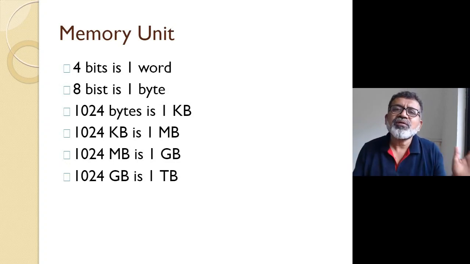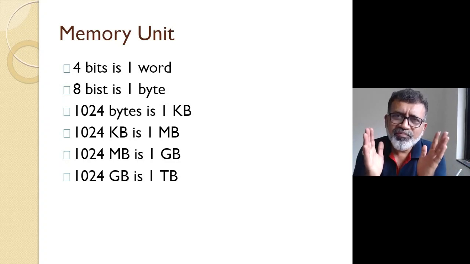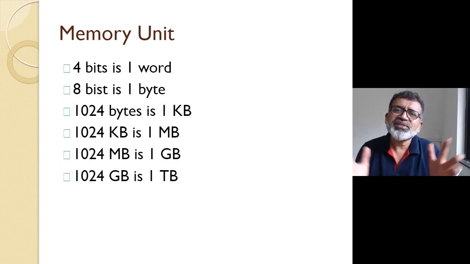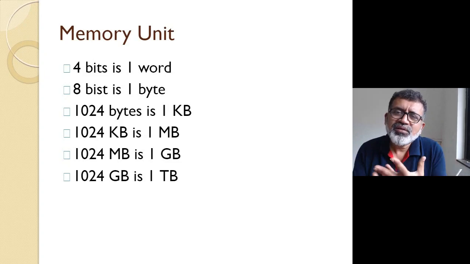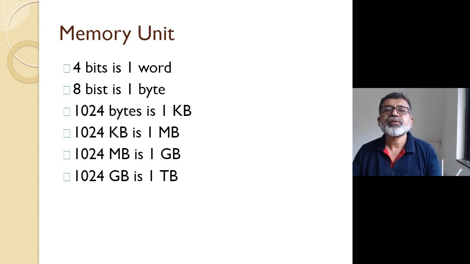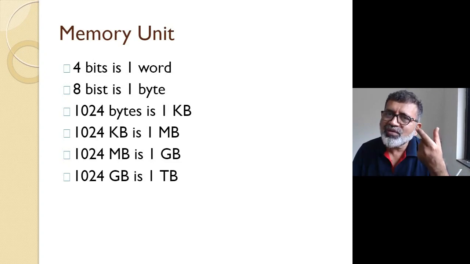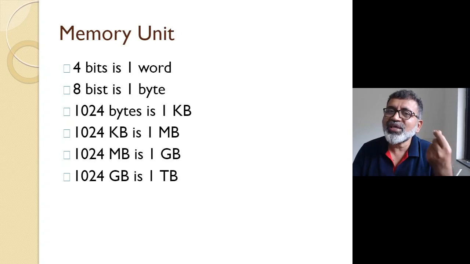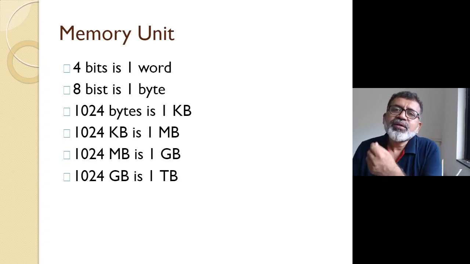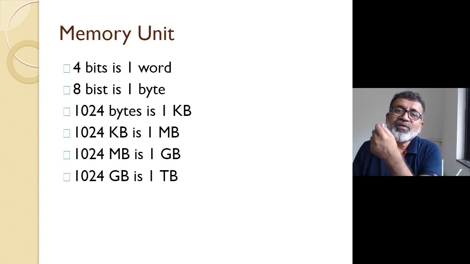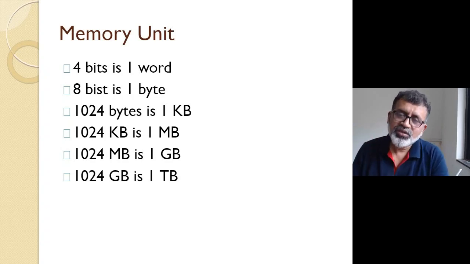I don't know whether you know the meaning of bit. Bit is basically a word made from binary digit. It takes the first two letters of binary, that is "bi", and the last letter of digit, that is "t".